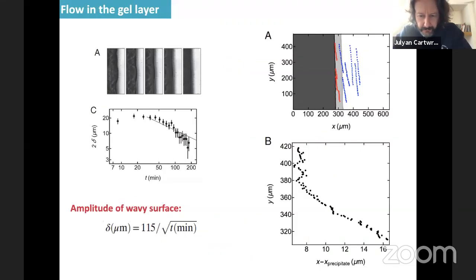And then one can look at the flow in the gel layer. The gel layer is the layer just above the precipitate, and one can look at the amplitudes of the waves that one sees in the layer and compare it with what the system of equations I just showed predicts.